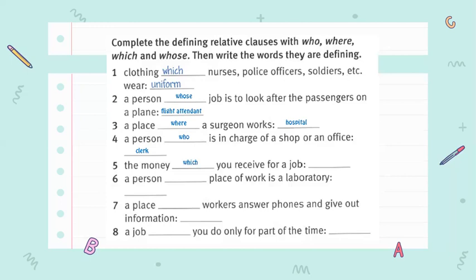The money which you receive for a job is a salary. A person whose place of work is a laboratory, that's a scientist. A place where workers answer phones and give out information is an office. And a job which you only do for part of the time, it's a part-time job.